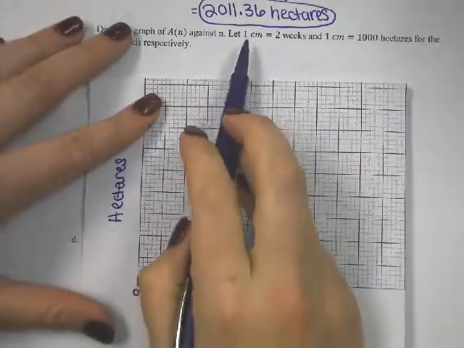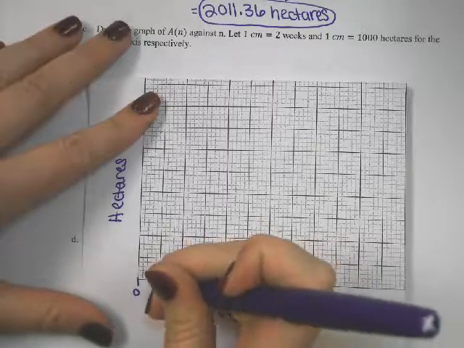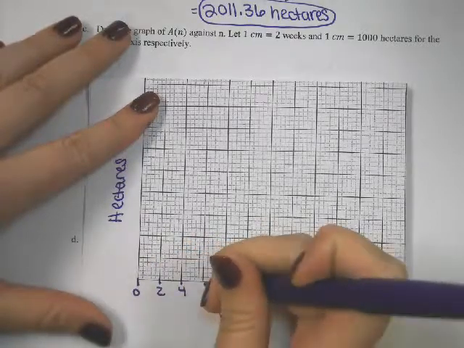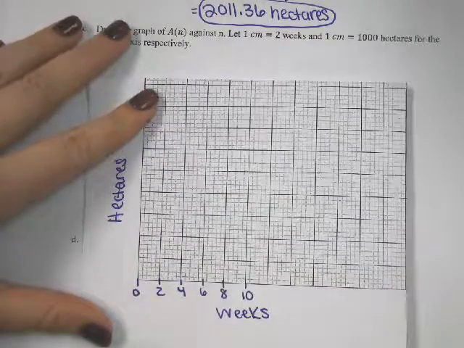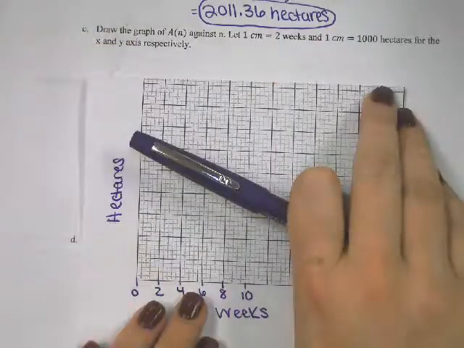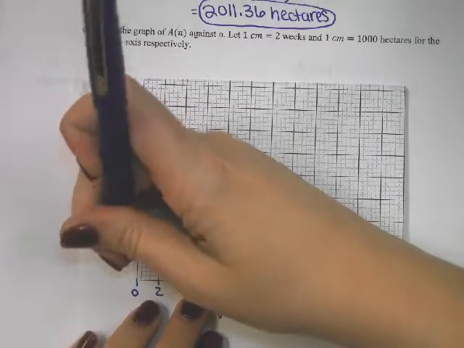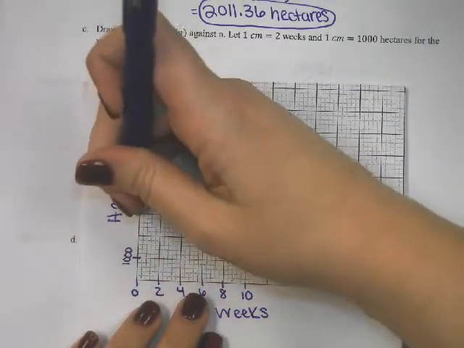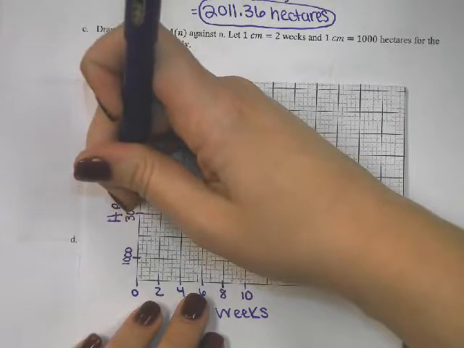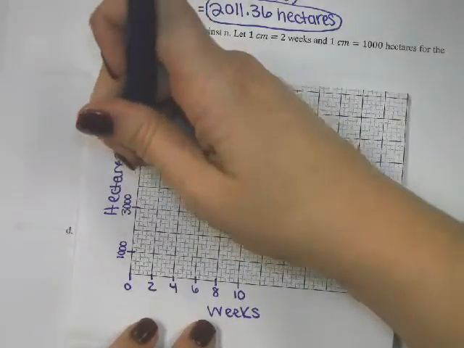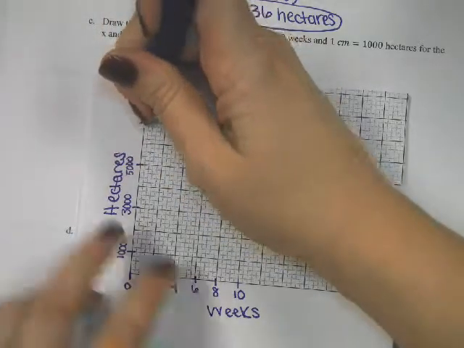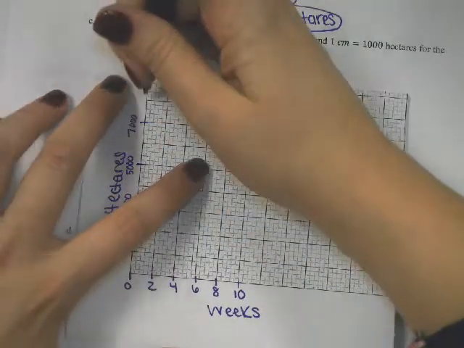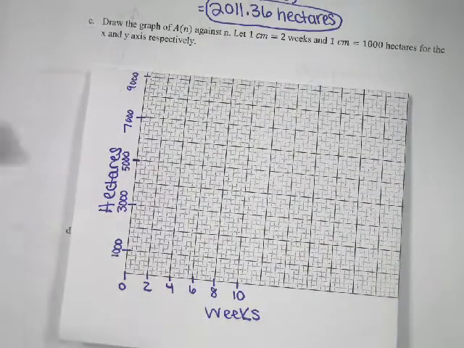It does say let 1 centimeter equal 2 weeks, so this would be 2, 4, 6, 8, 10. It says 1 centimeter is 1,000, so this is 1,000. This would be 2,000, 3,000. I'm not going to label every one. That's just kind of exhausting. So this is 5,000, 6,000, 7,000, 9,000. Okay. And then plot some of our values.